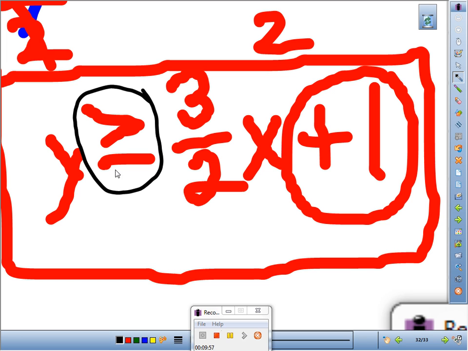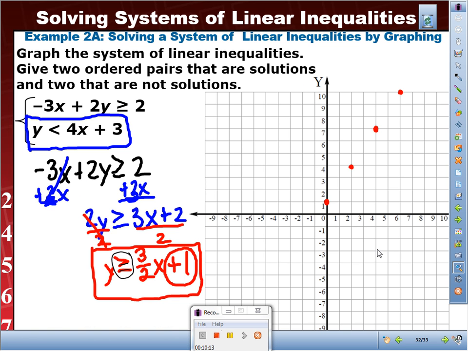That's what I mean when I ask, does it have an equal sign? This little bar underneath, if I cover this little piece right here, it becomes an equal sign. If it does have an equal sign, that means our line's going to be a solid line. So when we graph our line, get your ruler, make sure it goes through all those points all the way across your coordinate plane, and that it's a solid line.